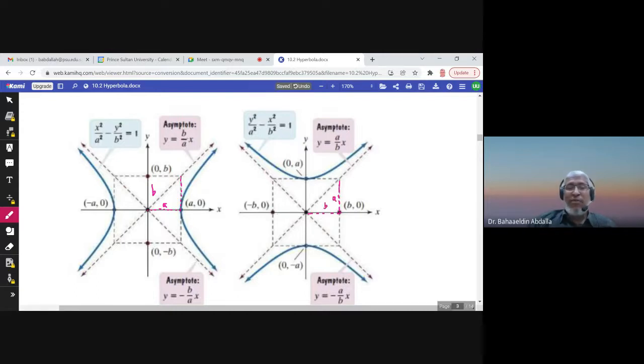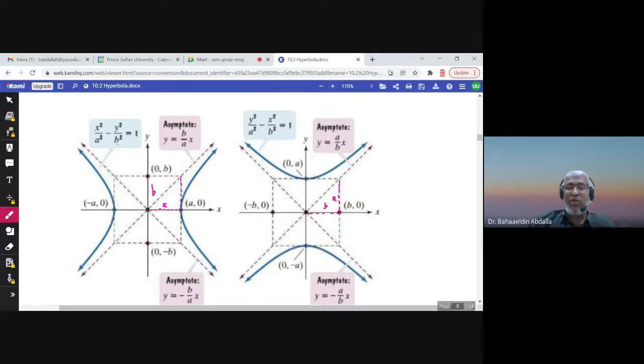Anyway, you can remember the equation of the asymptotes by always asking, is it b over a or a over b? You always divide what is below y by the one below x. So here, b over a, while here, a over b, because a square is below y square.